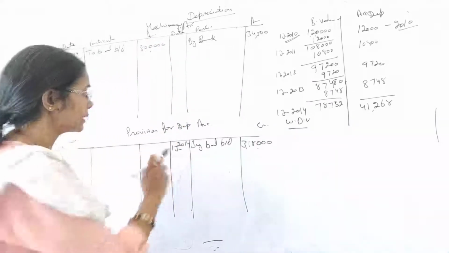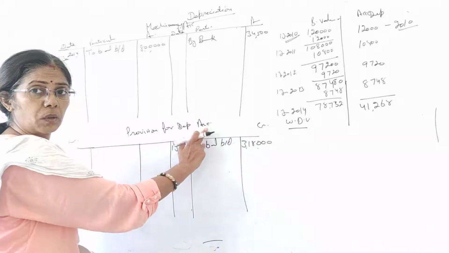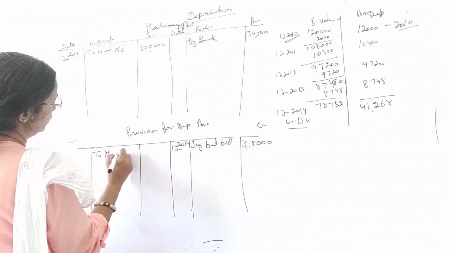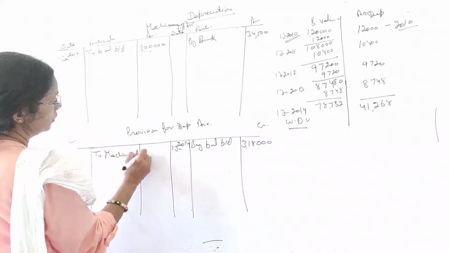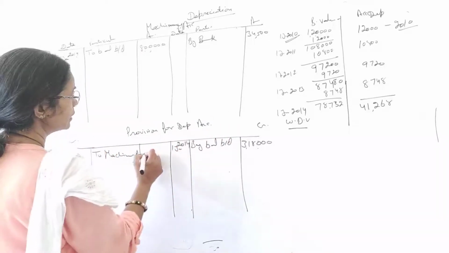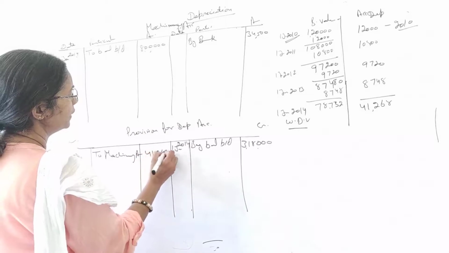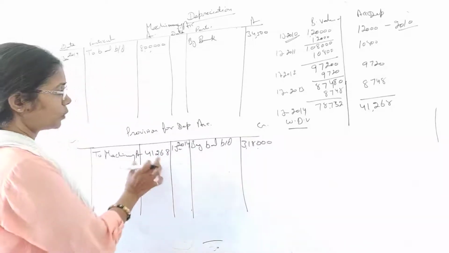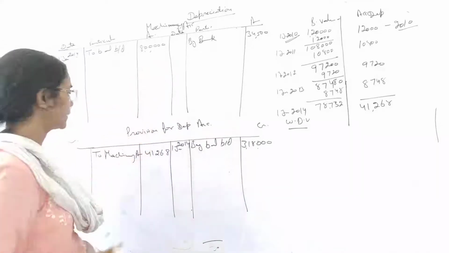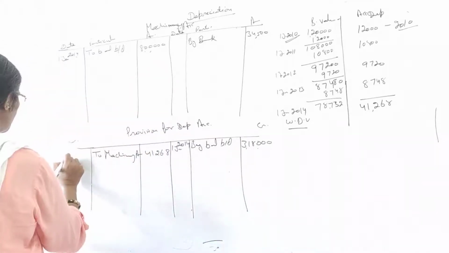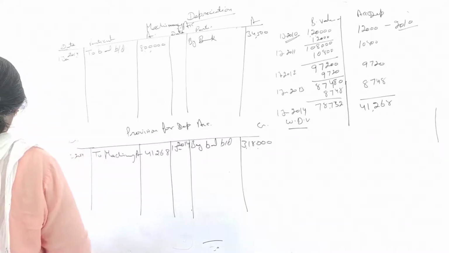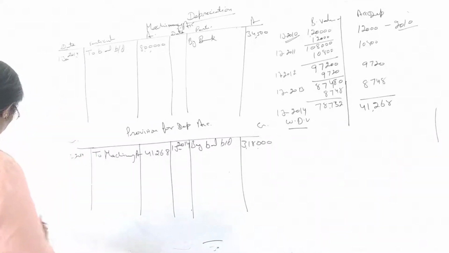So the entry is provision for depreciation account debit to machinery account. How much? 41,268. So this is the amount of depreciation which relates to that. And the date is of course same, 1st January 2014.